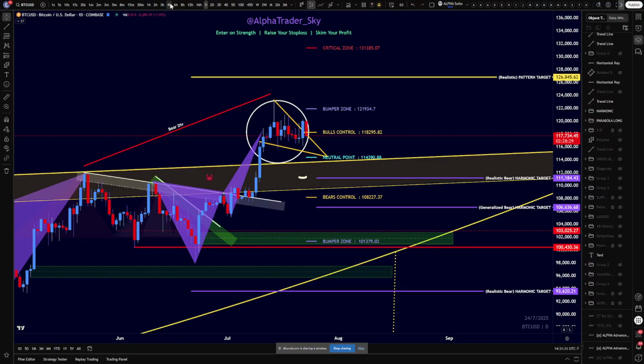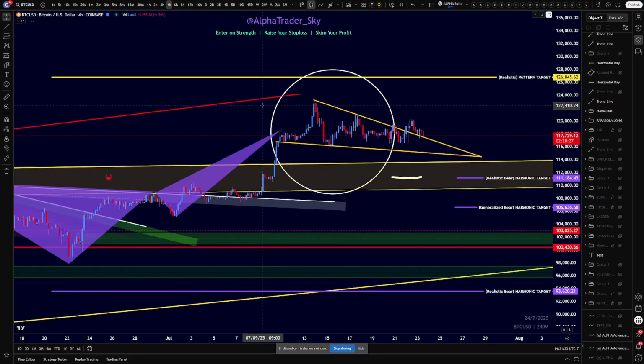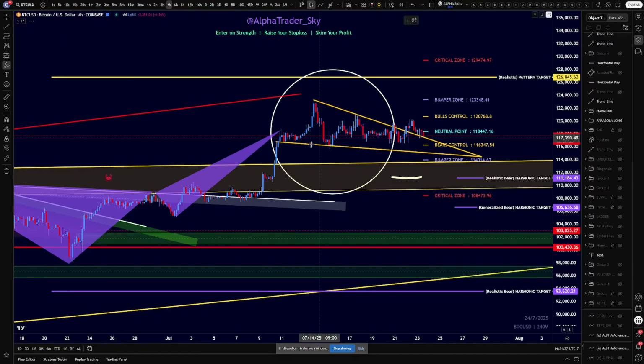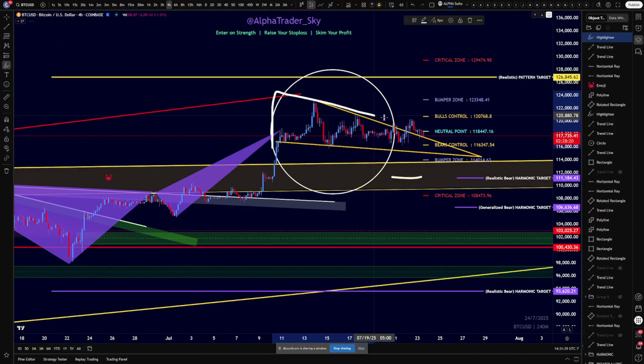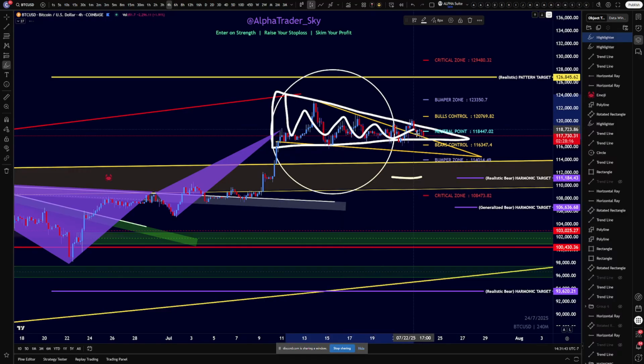I think I could go to a smaller time frame, like maybe the 4 hour here, and if I get out my highlighter, you can see that we're starting to develop something that does have the characteristics of a distribution wedge.